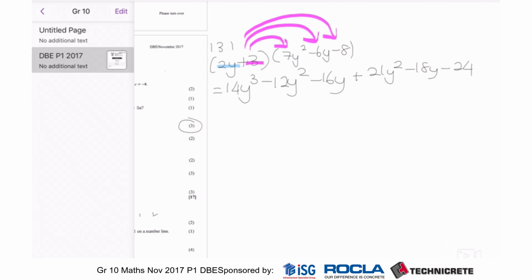So I don't have another y cubed. I do have 2 y squareds, and I do have 2 plain y's. We're going to add and subtract our like terms. Okay, so I've got 14y cubed, minus 12 plus 21y squared is 9y squared. Minus 16y minus 18y is minus 34y, minus 24.